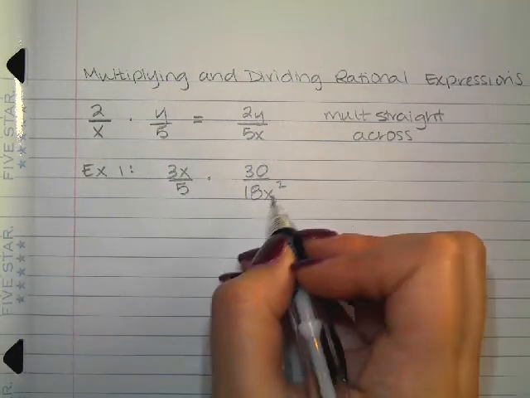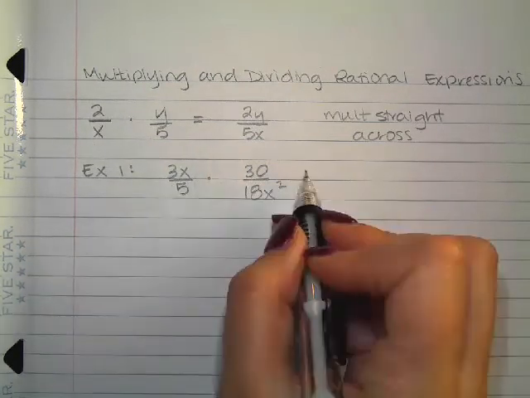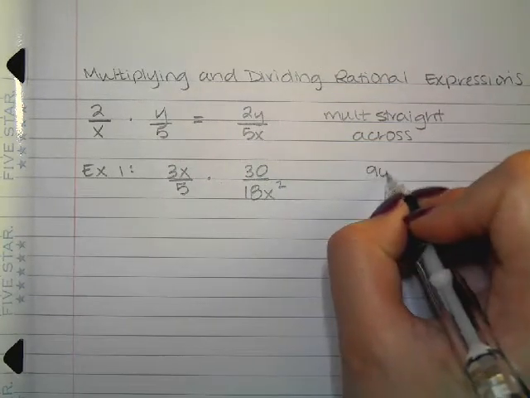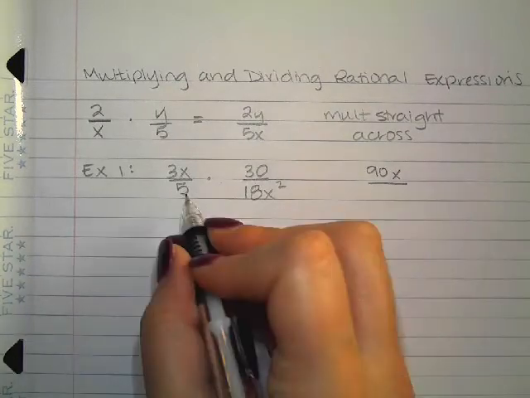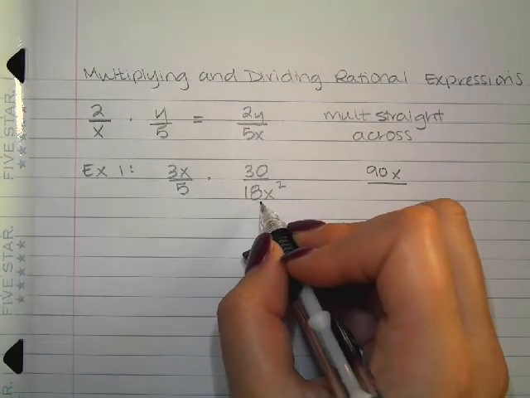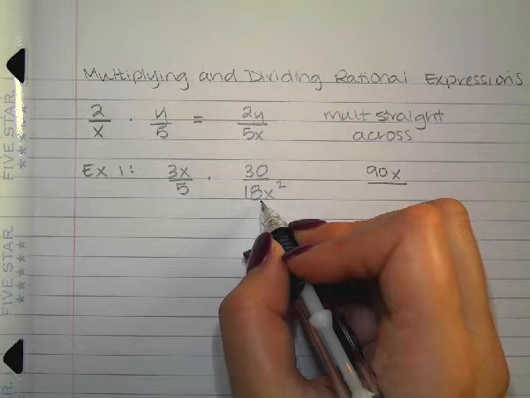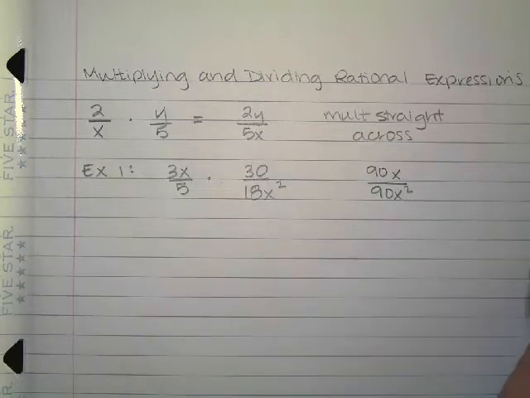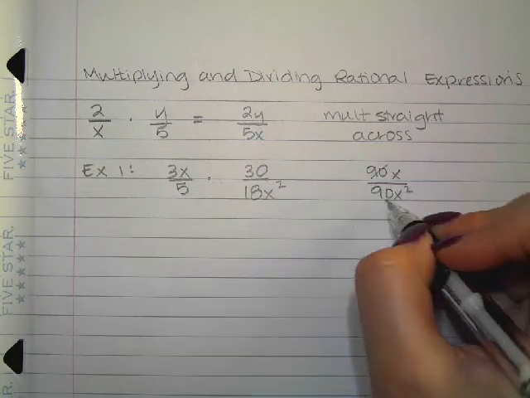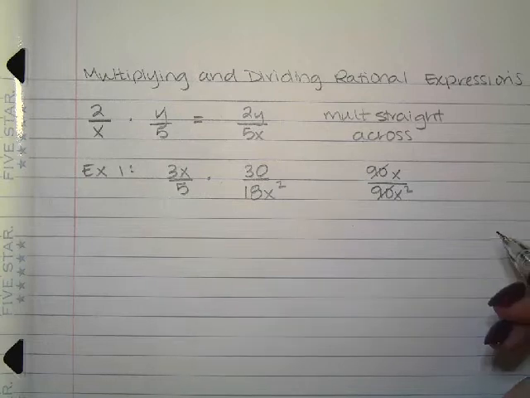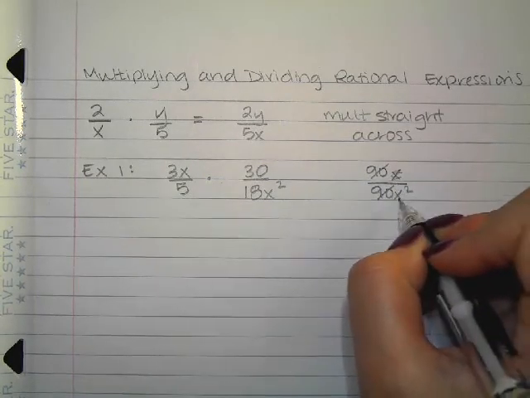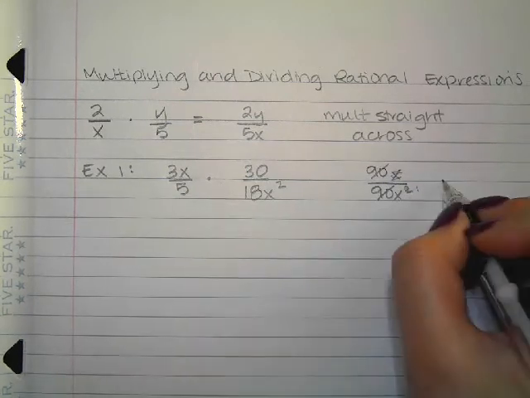One way is you could start from the beginning and just go straight across. 3x times 30 is 90x. 5 times 18x squared, 5 times 18, I believe, is also 90. And then you could say 90 divided by 90 is 1, so those would completely cancel. There's an x on the top and an x on the bottom, and so we would end up getting 1 over x.